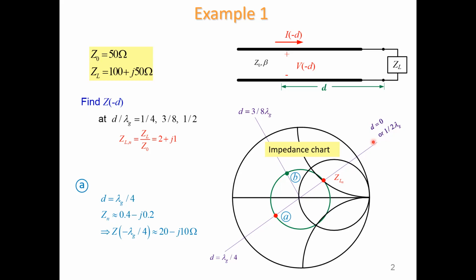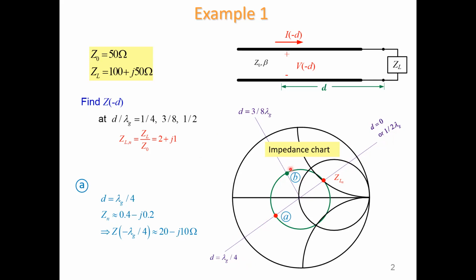Now, what would be the value at the distance 3/8 lambda g, or the quarter wavelength? These are the points where it intersects the VSWR chart. So from here, if you move up to this, then you'll get this value, and the quarter wavelength.